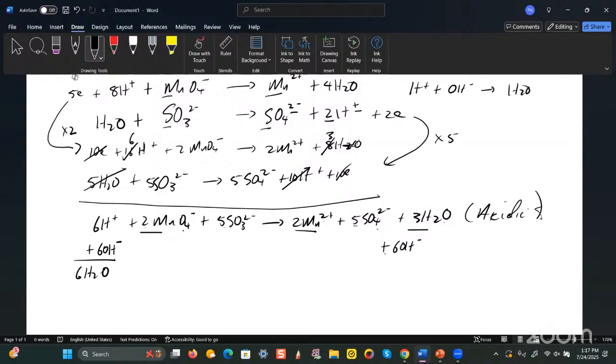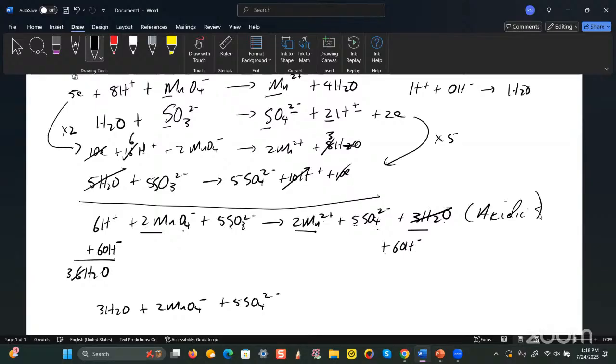And then what we can do next is recognize that because we have 3 water molecules on the right side, they can cancel out 3 water molecules on the left side, leaving behind 3 water molecules. So when we get to the final equation, it's going to be 3 H2O plus 2 MnO4- plus 5 SO3 2-.